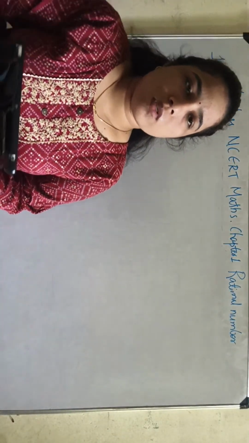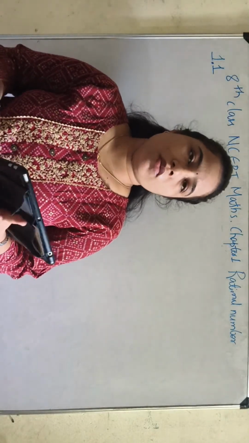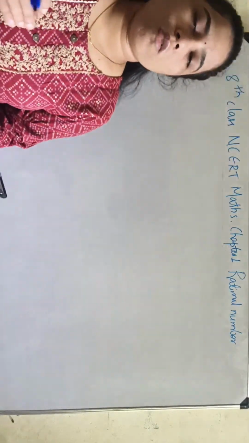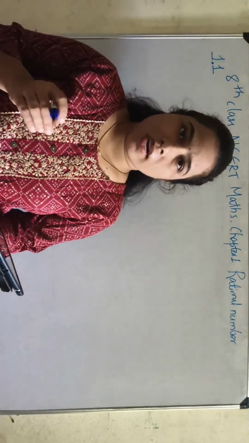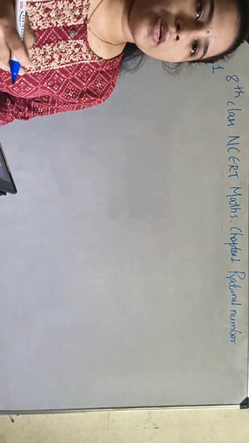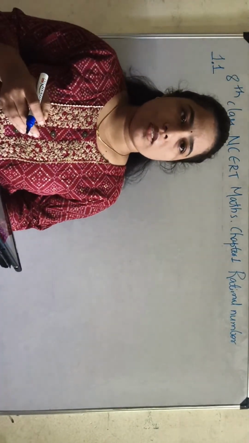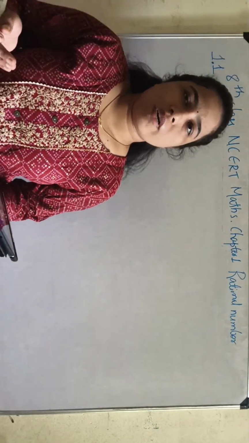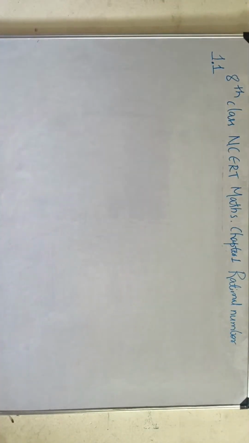So this is the concept we learned, and now we are solving exercise 1.1. In the previous class we saw a few questions, and now this is the continuation of that. Now I will write the question.